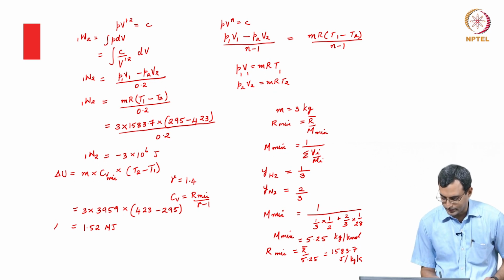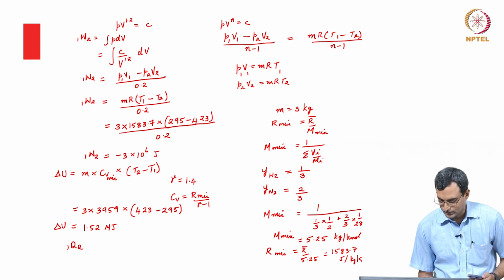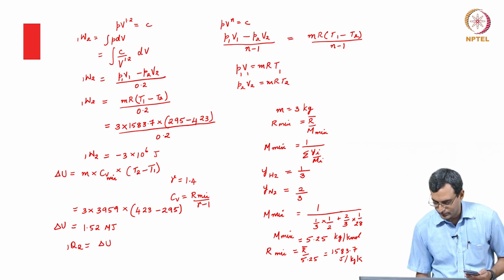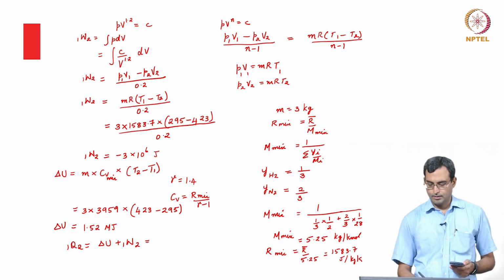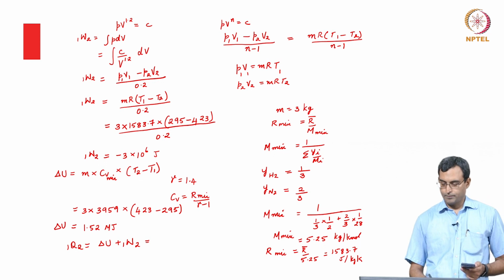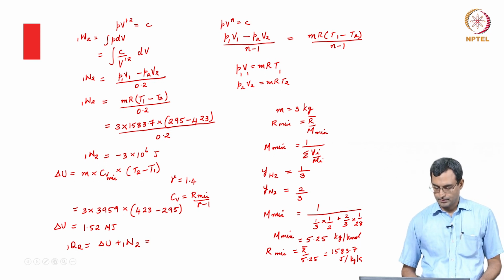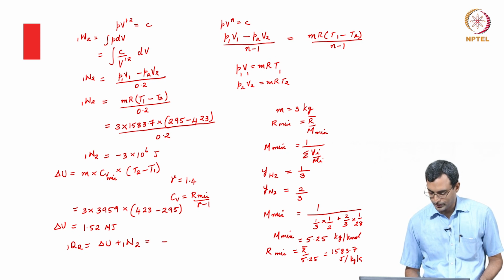So, this is delta U, and from the first law we have minus 3 into 10 power 6 joule plus 1.5 into 10 power 6 joule. So, this is about minus 1.5 into 10 power 6 joule.